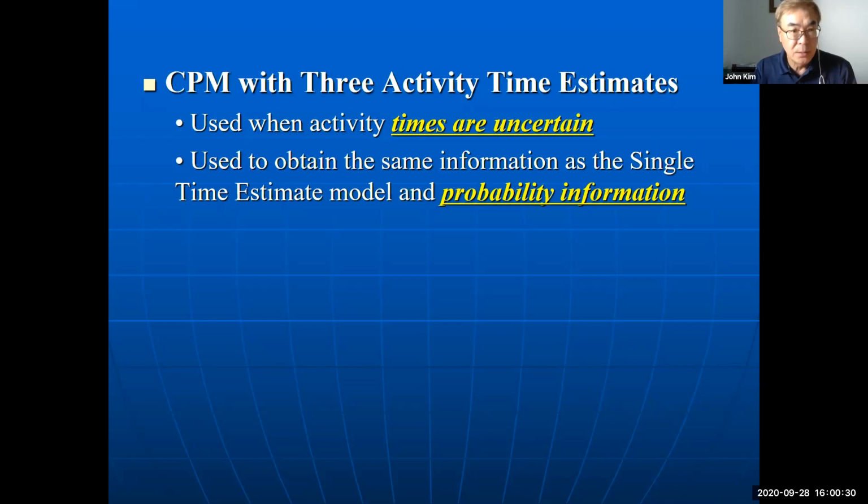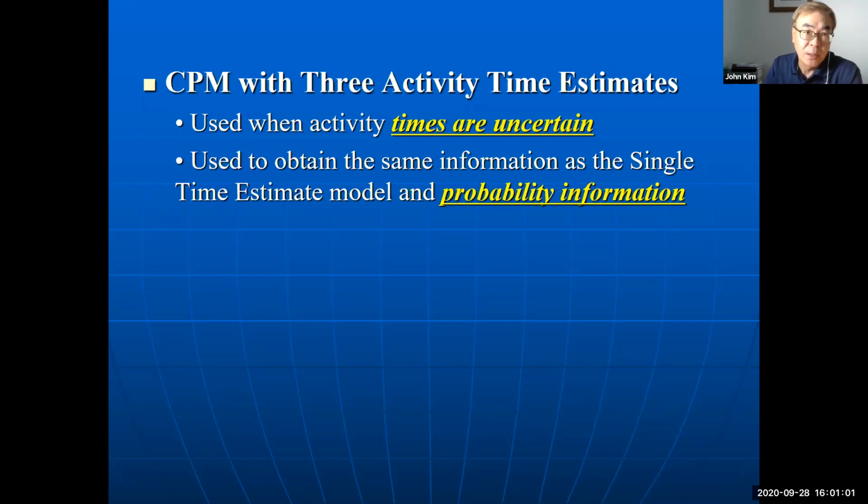Last class, we did critical path method with a single activity time estimate. Today, we will cover three activity time estimates, because sometimes we can finish early, sometimes on time, sometimes finish late.